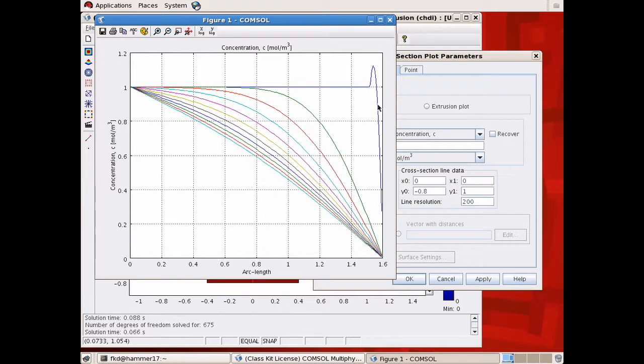This is 0, this is 0.1, 0.2, 0.3, 0.4, 0.5, 0.6, 0.7, 0.8, 0.9, 1 second on the blue, if you can see that.